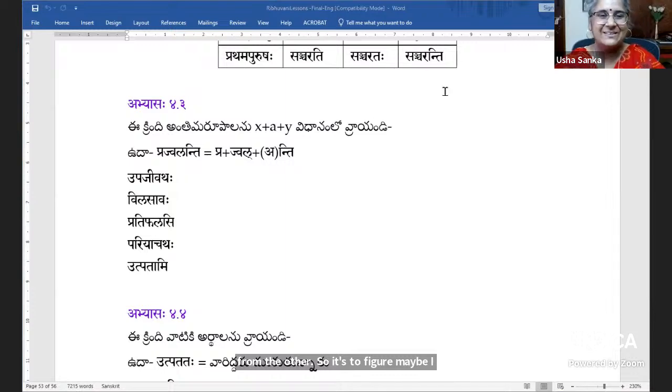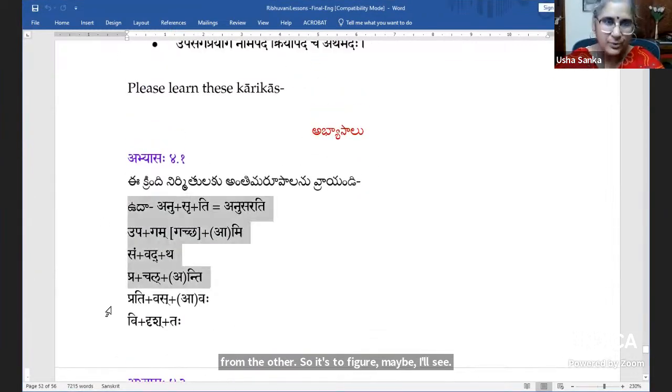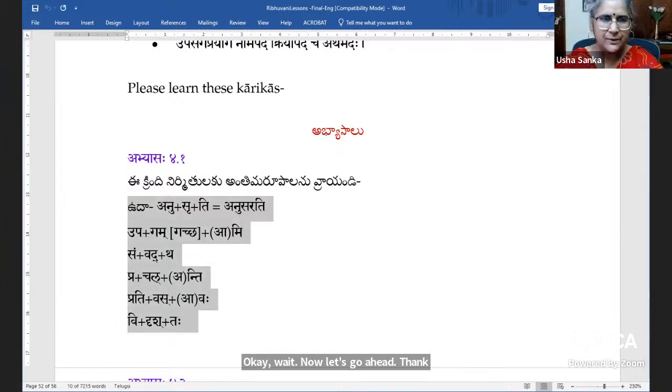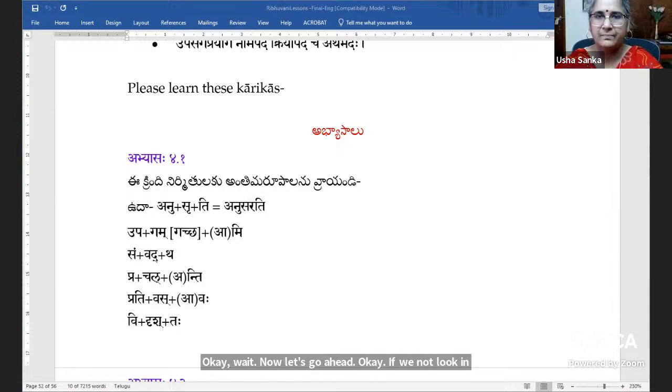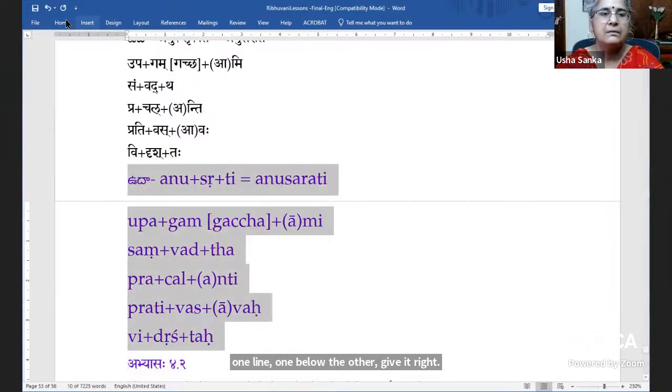Okay, well. So let's go ahead. The exercises are there. I will try to put it. I'll give it to you anyway, but it will not look in one line. It will look one below the other. We will try that. We will do one like this one.